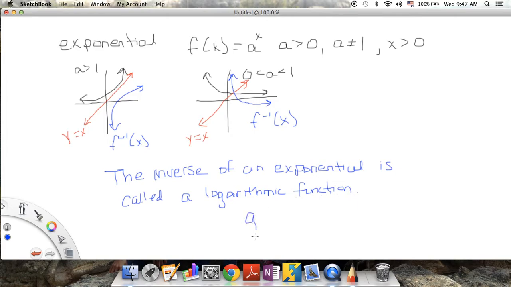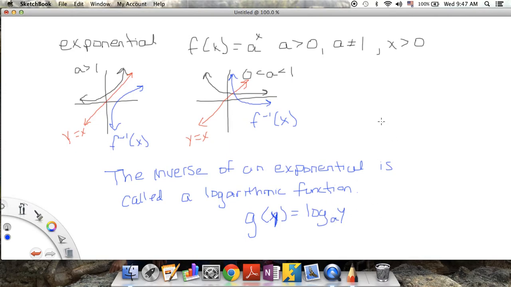We write this function log, and then we have a base here, the same base as we have for our exponent, base a of, well, let's not confuse it here, of y.